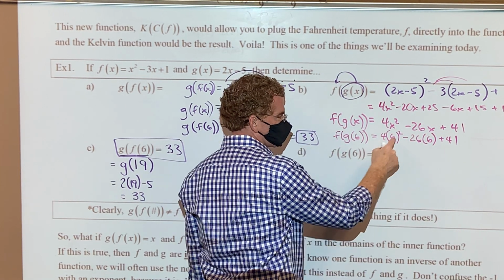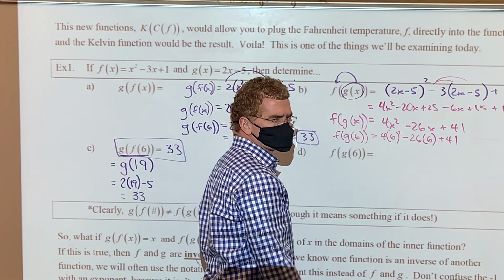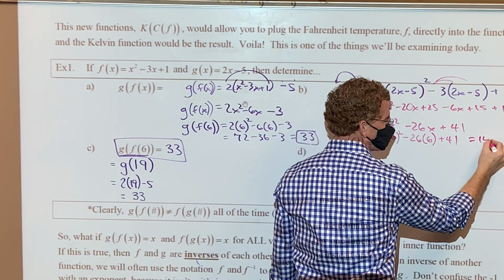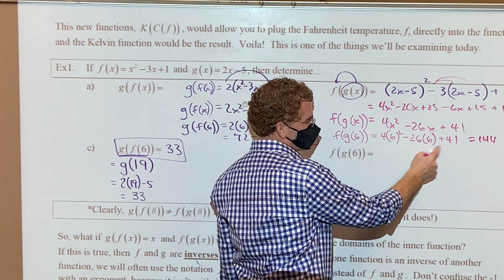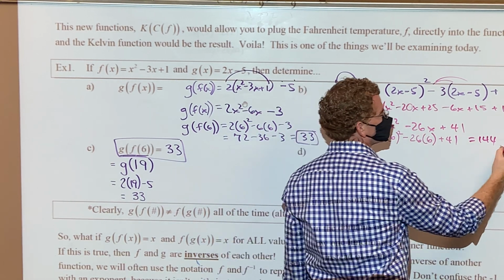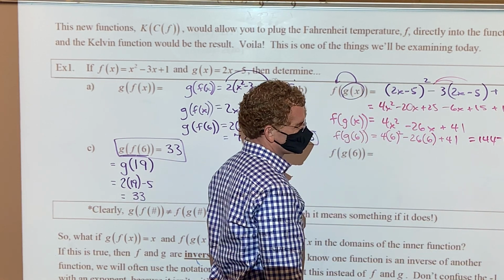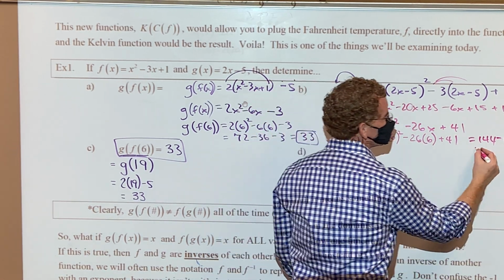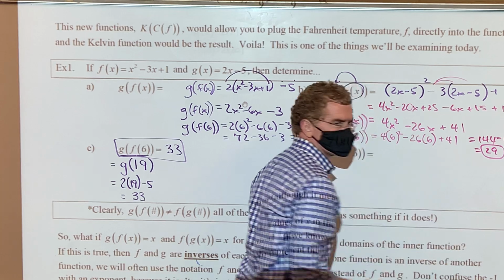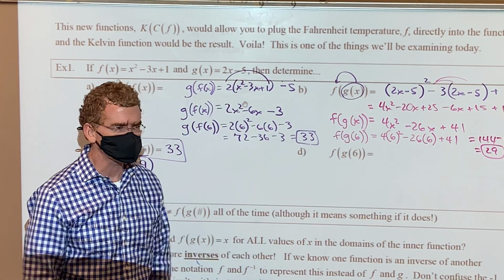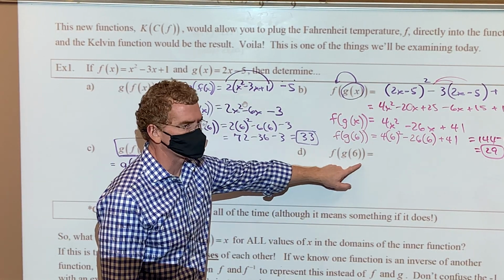So look at the math. I get 36 times 4, which is 144. I get 26 times 6, which is 156. Plus 41, which is 29 maybe? If I haven't done bad math. But look, here it's probably even easier.